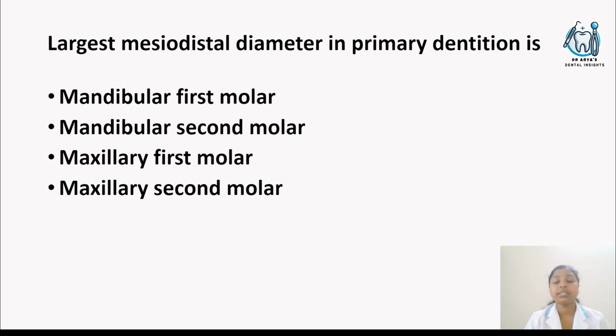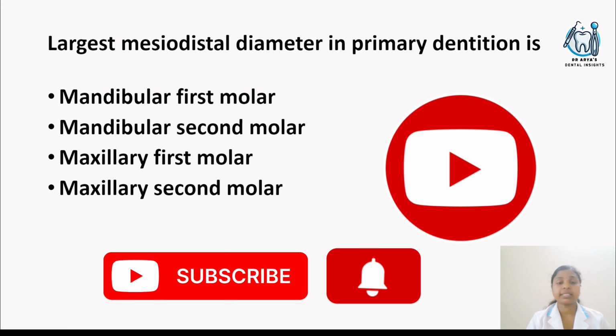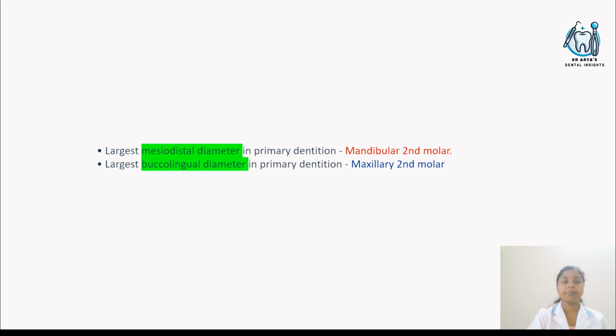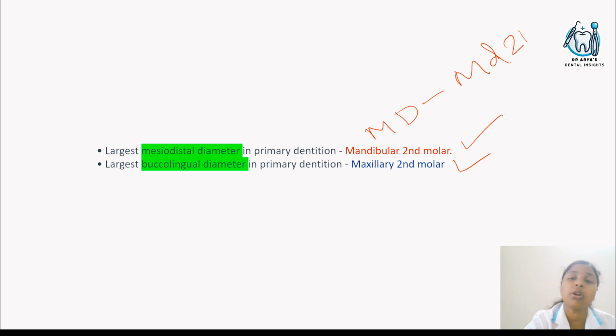Largest mesiodistal diameter in the primary dentition: mandibular first molar, mandibular second molar, maxillary first molar, or maxillary second molar? The largest mesiodistal diameter in primary dentition is the mandibular second molar. And the largest buccolingual diameter is for the maxillary second molar.